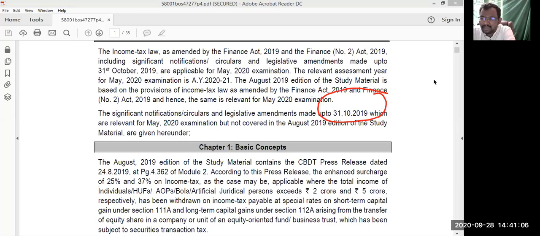Since they introduced this August 2019 edition, whatever amendments came into effect, they have already included in that material. So that is why I think they have not covered them in this RTP. Don't worry, I'll tell you orally with the help of the notes, the most important amendments. Of course, you might already have these amendments in your coaching institution material. In case they are not covered, you will get that knowledge here now.